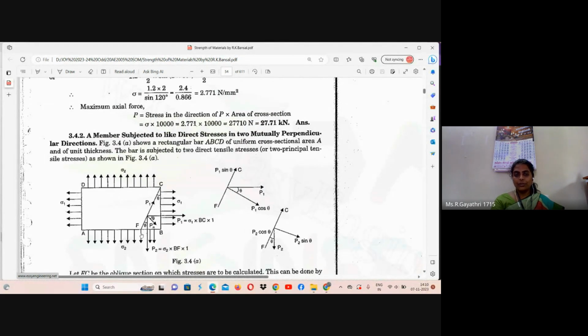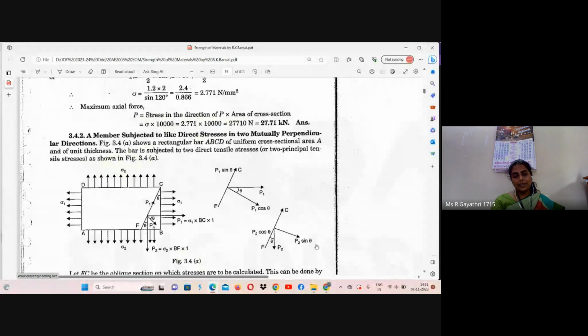Next we can move to force P2. Force P2 is in the vertical direction, vertically downwards. The angle between force P2 and plane FC is theta. Here also we can find the components of force P2 based on the inclined section FC, parallel to FC and perpendicular to FC. Parallel to FC becomes P2 cos theta.